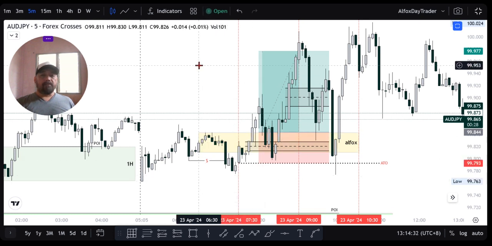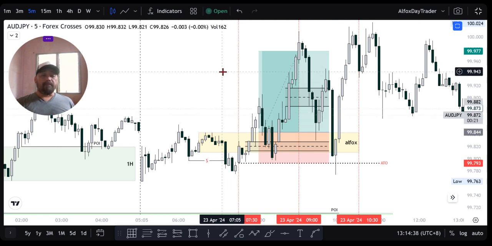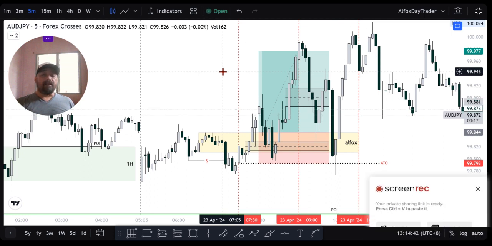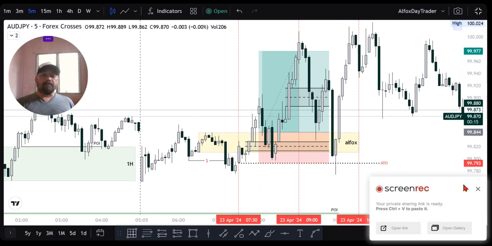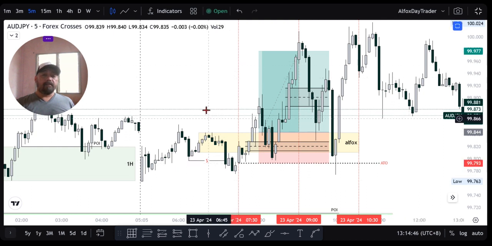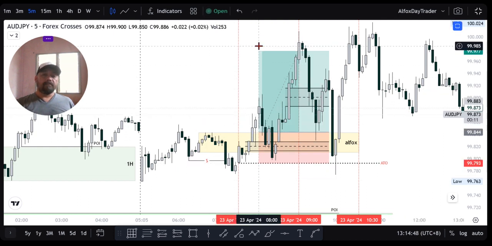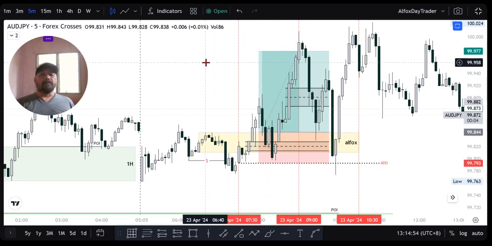Let the price do its thing, because I am aware, before I pressed my buy button, that there are only two possibilities. It's either validation, which is 2R, or invalidation, which is negative 1R.